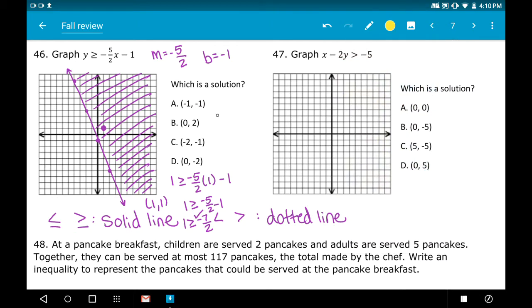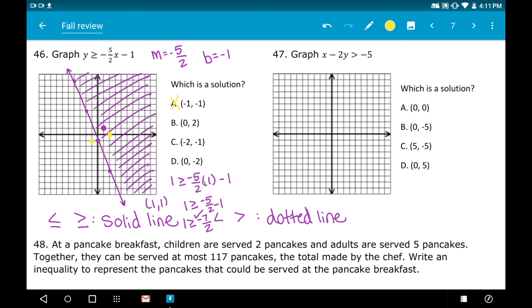Now it wants us to figure out if these over here are solutions. So I'm going to plot each of these points to see if it falls in the shaded region. If it's not in the shaded region, it's not a solution. If it is in the shaded region, it is a solution. So first I have -1, -1. That point right there is not in our shaded area, so it's not a solution. 0, 2.